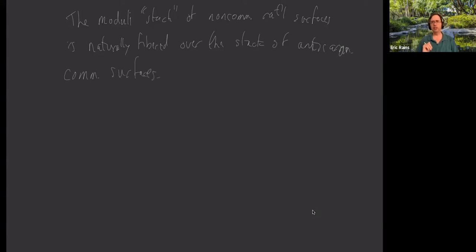Here, as a technical issue, when we talk about a non-commutative rational surface that happens to be commutative, we're assuming an anticanonical curve as part of the structure.